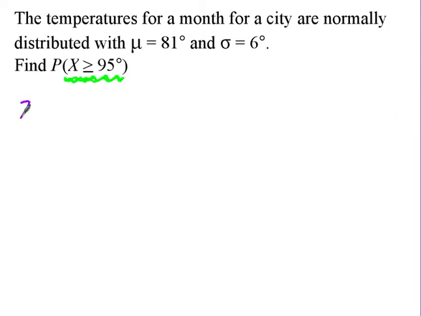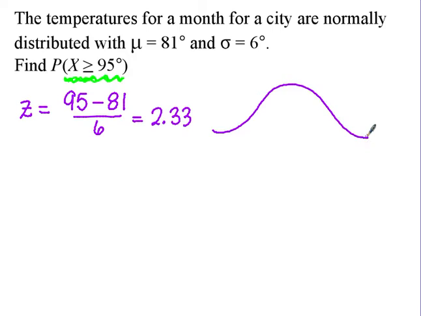The very first thing, once again, is to find the z value. So I'm going to take 95 minus 81, all divided by 6, and I get 2.33.